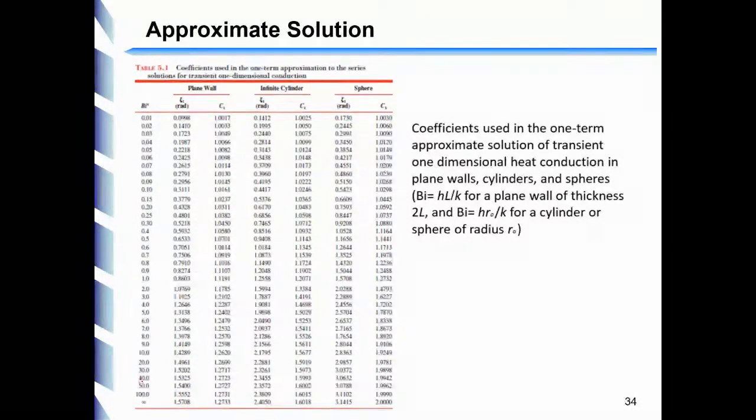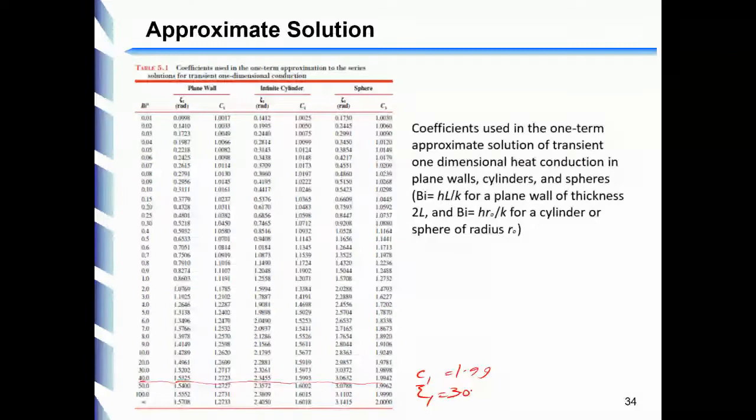So around 48, right? So your C1 will be around 1.99 if you go through the calculation, and zeta will be around 3.075.